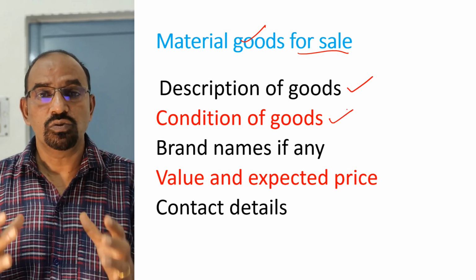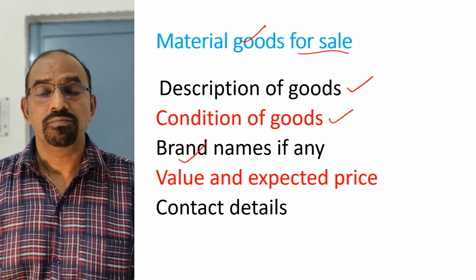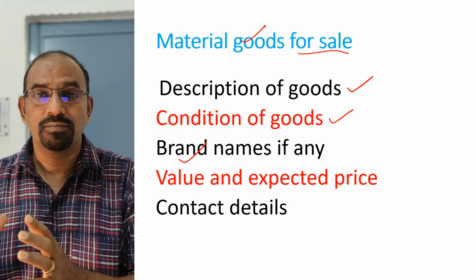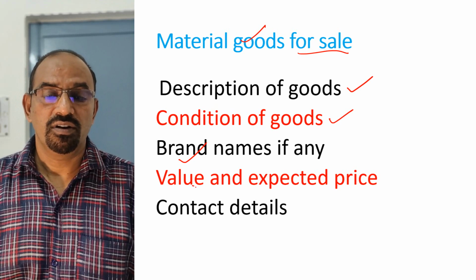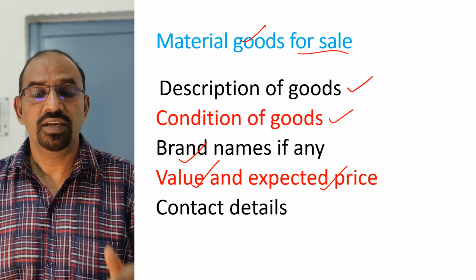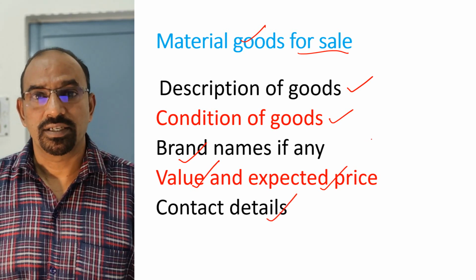If it is a used one, you have to give the condition. Then brand names, if any. If you are selling some branded items, you should give the brand name of the things. Then value, the original value, and the expected price that you can give. Then you can give the contact details also.